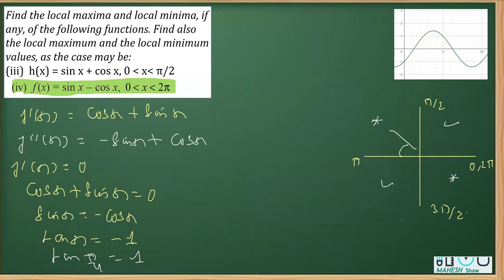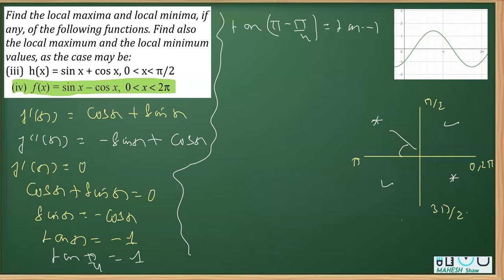So I can say that tan of pi minus pi by 4 is equal to minus 1.